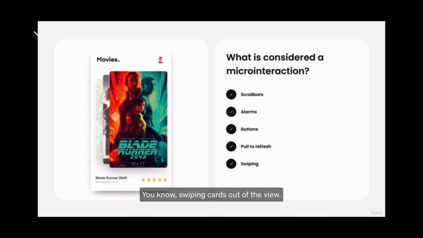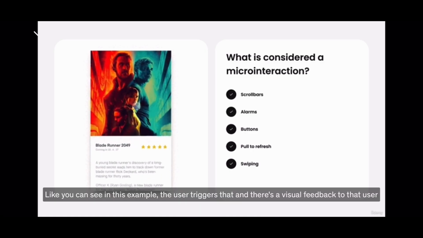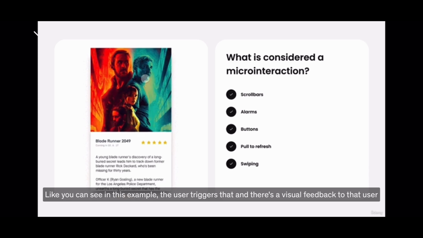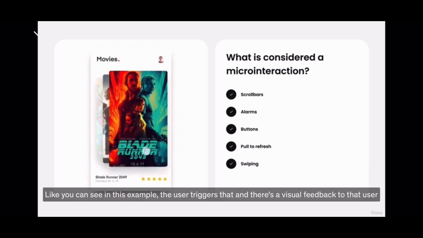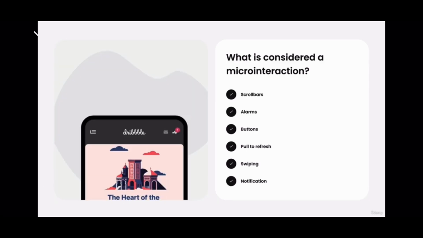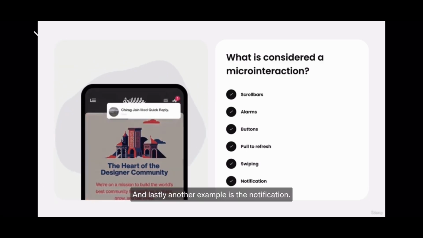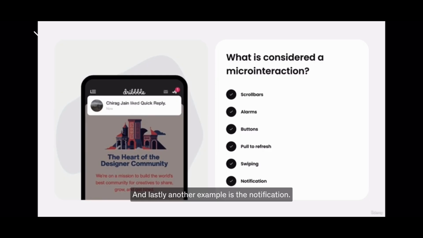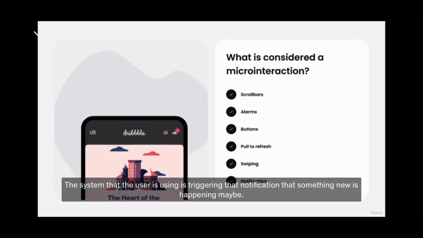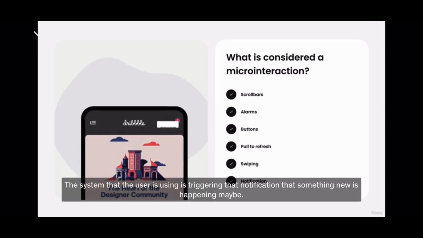Swiping cards out of view, like you can use in this example, the user triggers that, and there's visual feedback to that. And lastly, another example is the notification. The system that the user is using is triggering that notification that something new is happening.